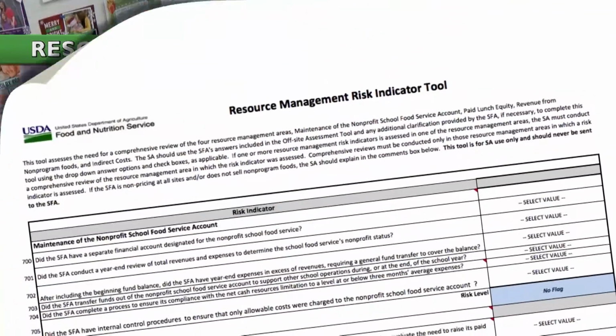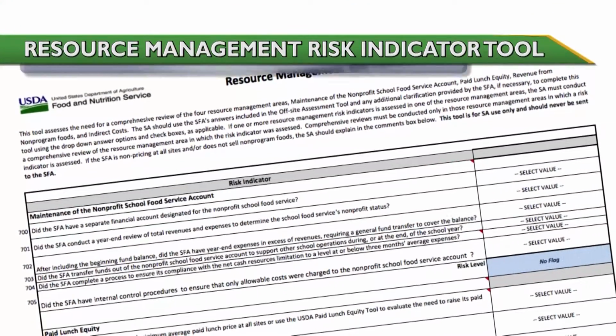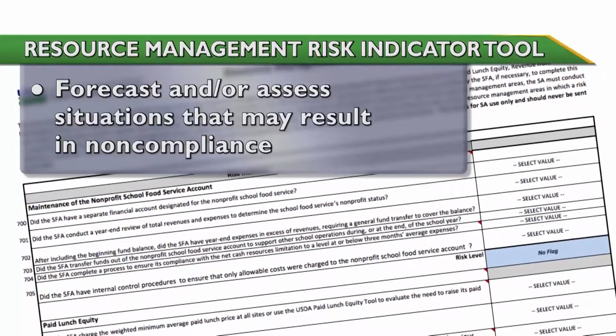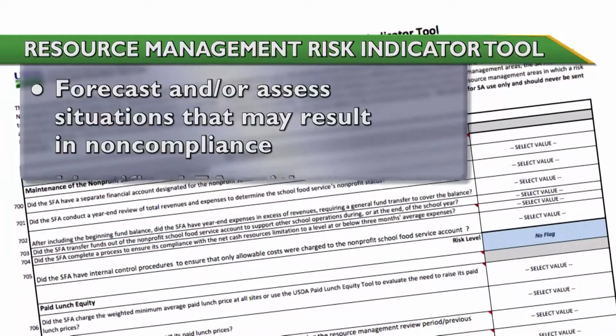The Resource Management Risk Indicator Tool uses known indicators to forecast and/or assess situations that may result in non-compliance.